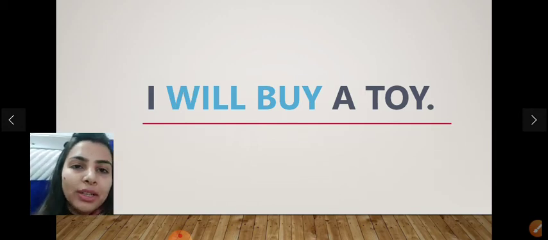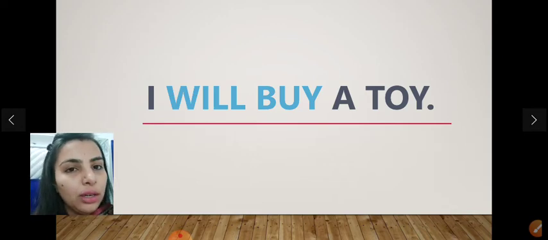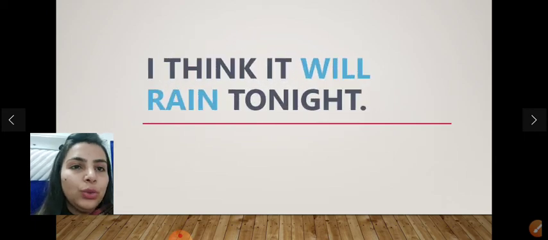That means I am describing something that will surely happen in the future. See the next? I think it will rain tonight. Here I am predicting something which will surely happen tonight.